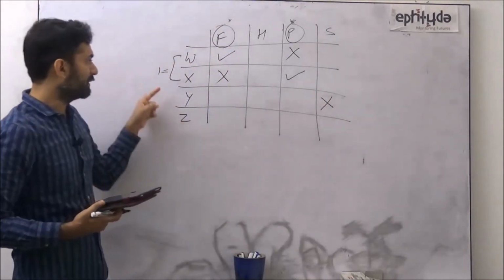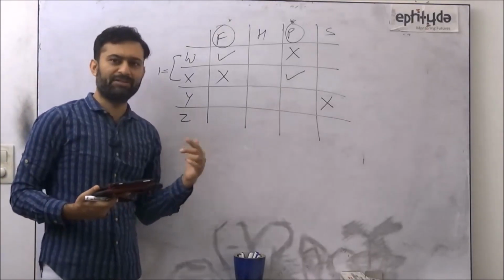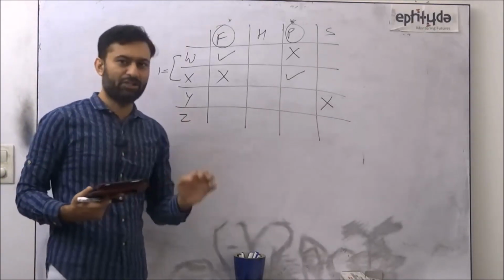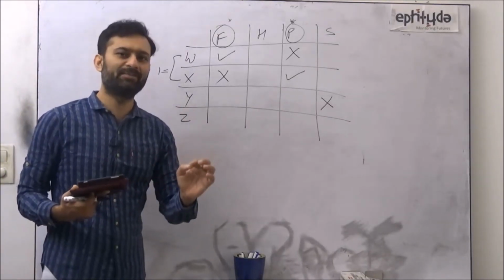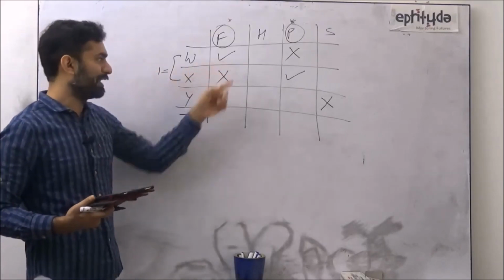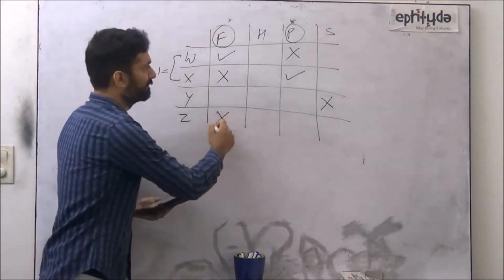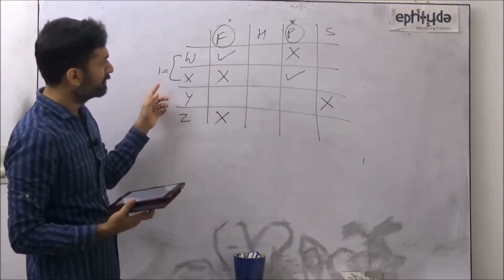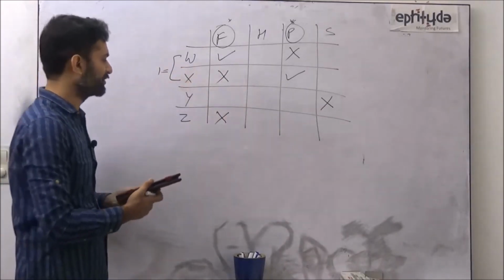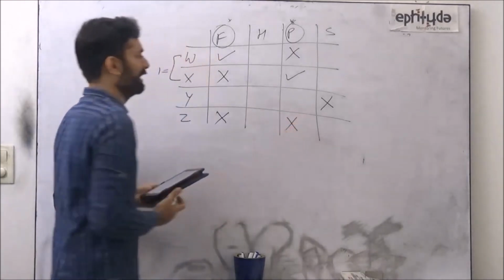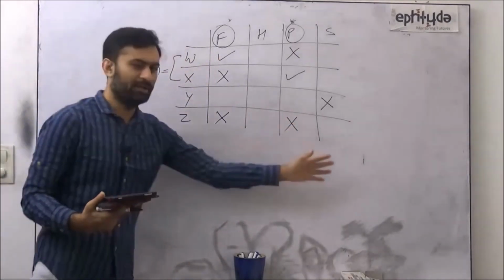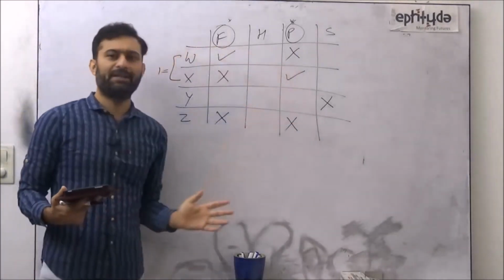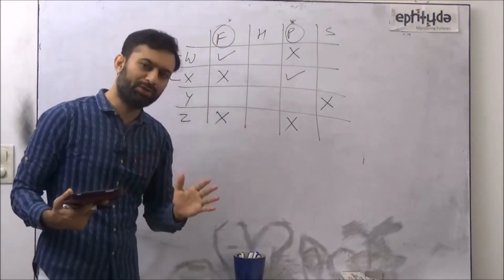Now I'm using the information that Z does not share a side effect with any other medicine. So if W has fatigue, Z will not have fatigue, right? And if X has palpitations, Z will not have palpitations. So now this table is applicable to all the questions.